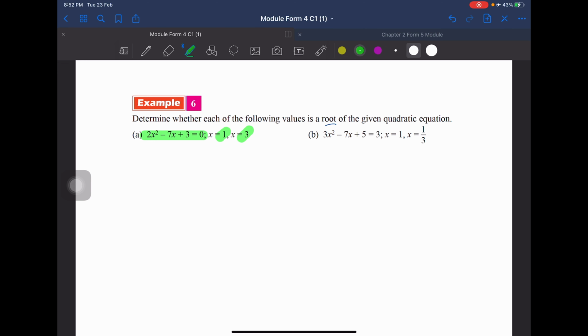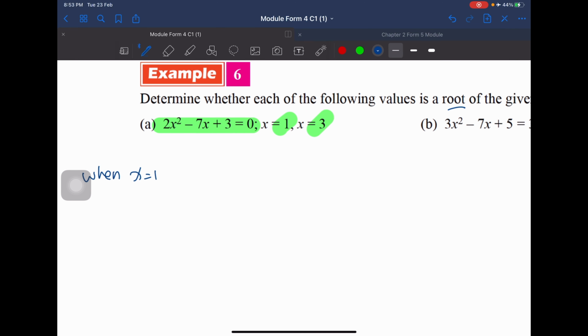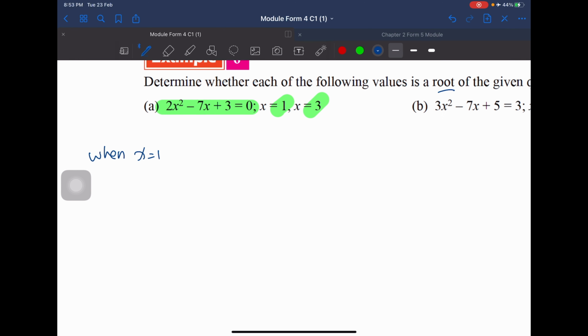Dia nak awak test sama ada nombor-nombor ini adalah roots ataupun bukan. So macam mana kita nak tahu adakah nombor-nombor ini adalah roots? So let's try the first question. So A, the first one, when x is equals to 1. Kita cuba dulu. We try the value when x equals to 1.